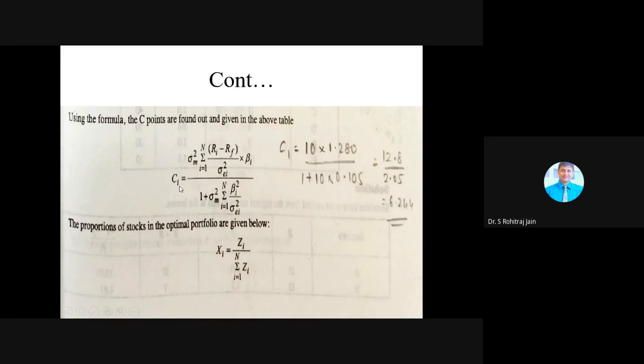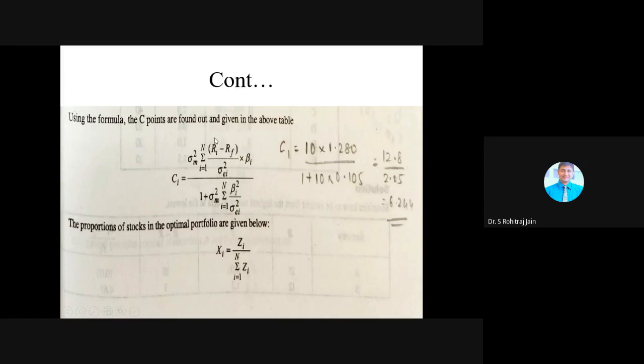Ci, meaning the cutoff point, is equal to the variance of the market multiplied by the summation of i equal to 1 to n, (Ri minus Rf) divided by sigma ei square, into beta, whole divided by 1 plus the variance of the market times the summation of i equal to 1 to n, beta squared divided by sigma ei square.